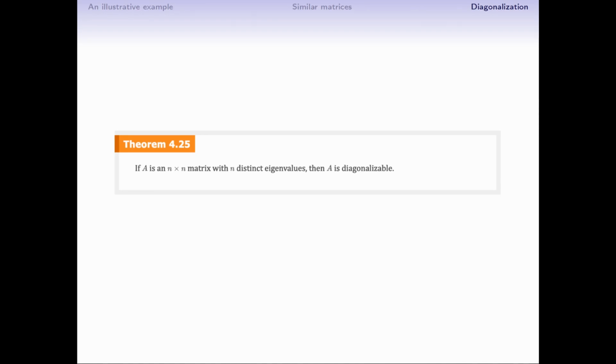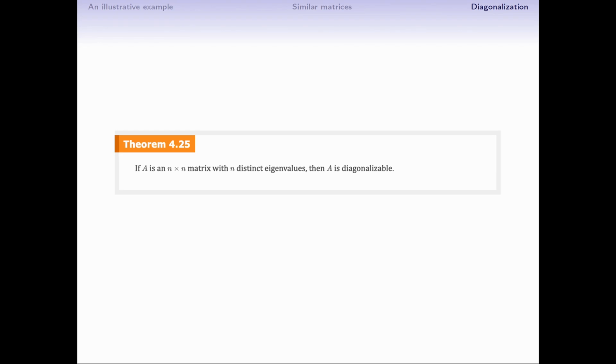Now, theorem 4.25 gives us a very simple and clean way of showing that certain matrices are diagonalizable. If, for example, A is a 4x4 matrix, and if A has 4 distinct eigenvalues, then in fact that matrix A is diagonalizable.